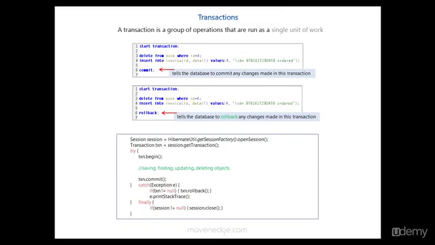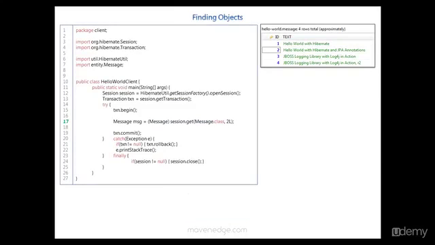Great, now let's go ahead and find a message object using the value of its identifier attribute. So if you've been following along, this is the current state of the message table in the Hello World database. And to find an object using its ID value, you just have to call this get method of the session object, telling it about the type of object that you're looking for and also the ID of the object that you're looking for.